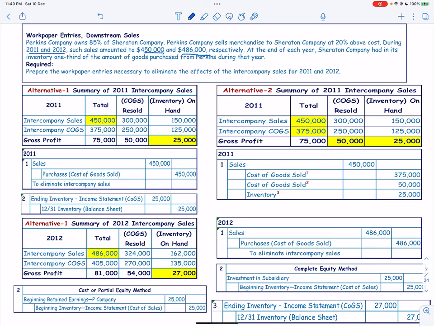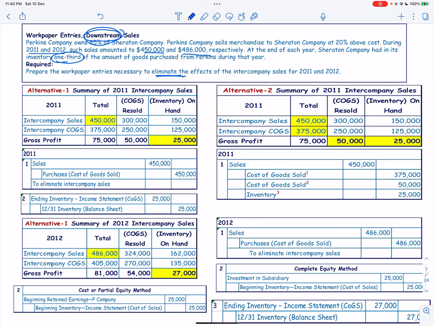At the end of each year, Sheraton Company had in its inventory one third. Before they have sold all, now there is an ending inventory equal to one third in this case. So this exercise is obviously a variation of intercompany sales of merchandise where the unrealized profit of a downstream sale is to be eliminated.